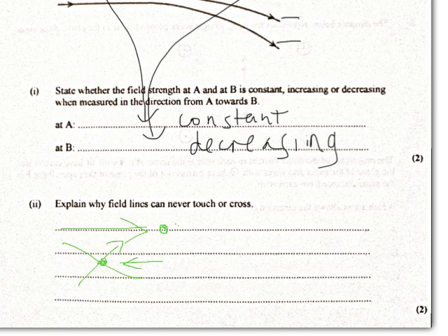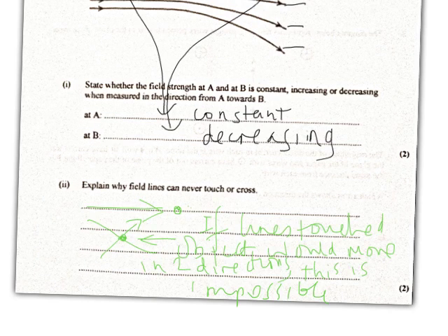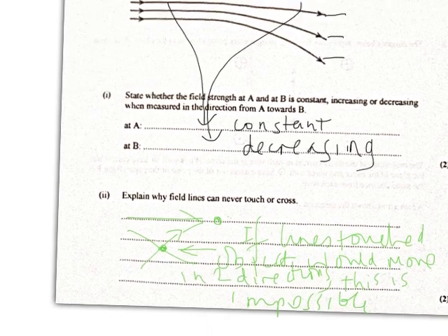So if lines touched, you would have an impossible situation, something which is quite a difficult thing to say in physics, that something's impossible. But nonetheless, that is your 2 marks.